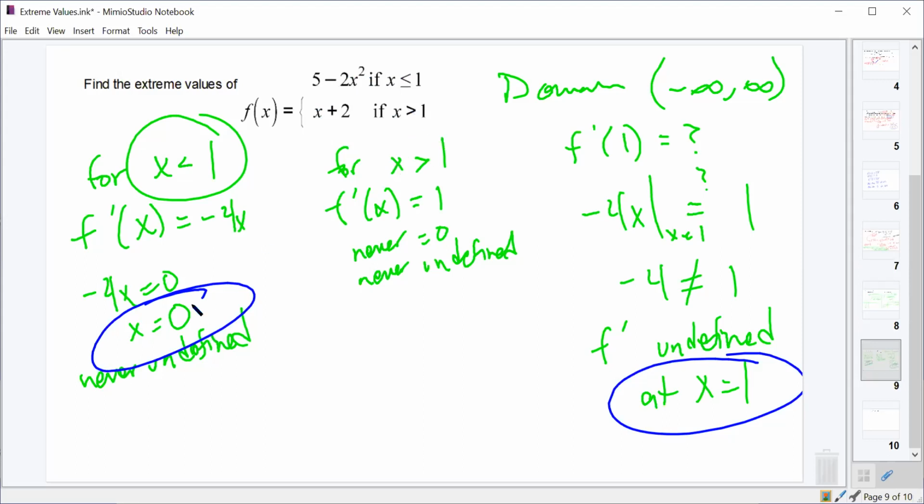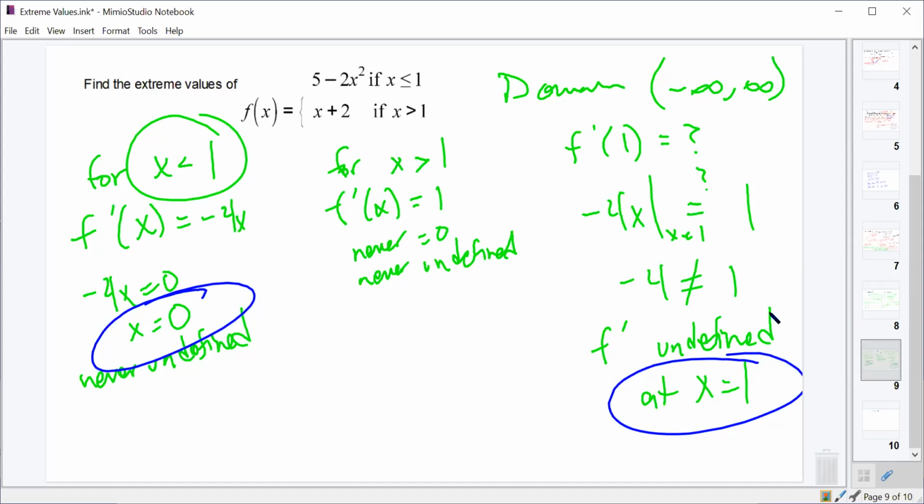The derivative of the left-hand piece was negative 4x, and at 1, that is negative 4. The derivative of the right piece was just 1. So we end up with negative 4 equals 1, which is not true. Since those aren't the same, the derivative is undefined at 1. But if they both equaled 1, then we could say the derivative was 1 there. Does that make sense? Yeah, thanks.